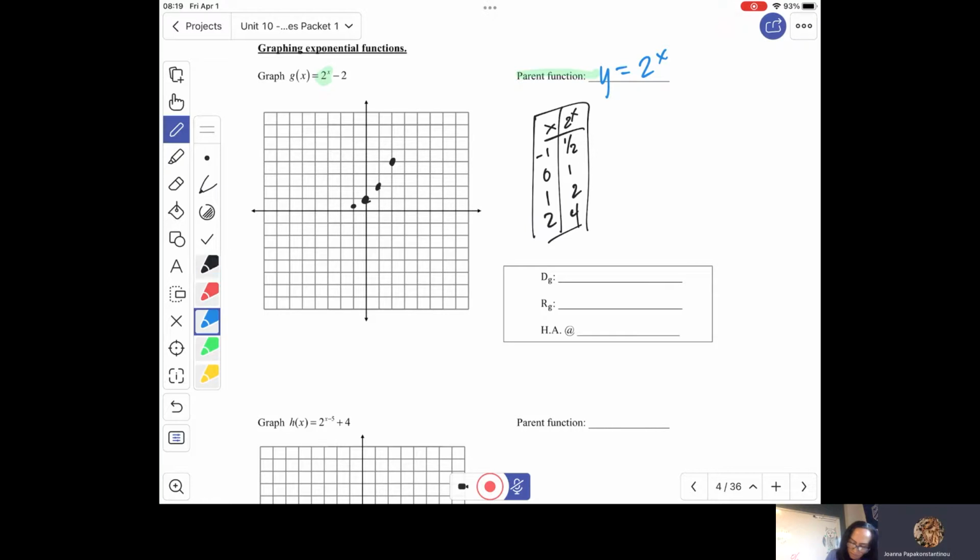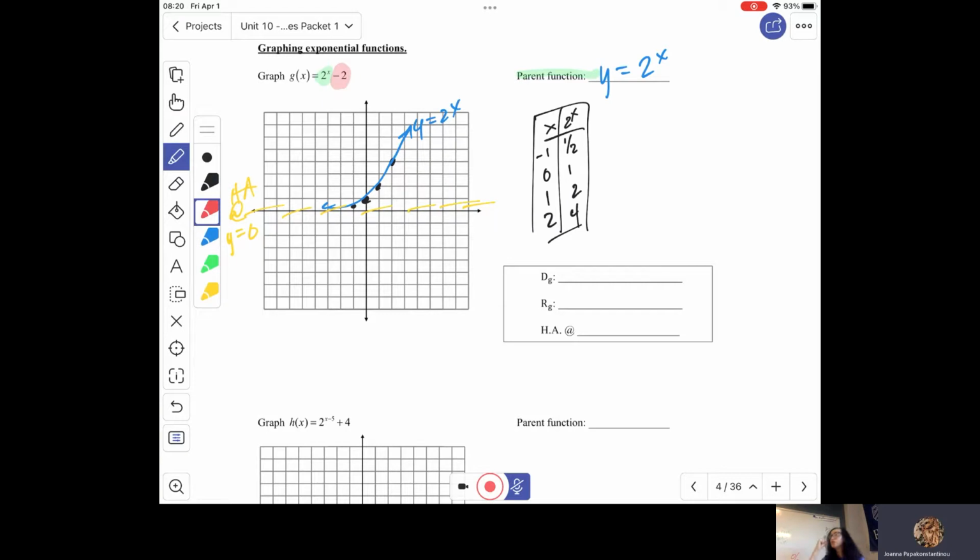And there's my parent. So here's my parent, y equals 2 to the x. I know it has a horizontal asymptote at y equals 0. That's my parent. Fair? You should be able to do that.